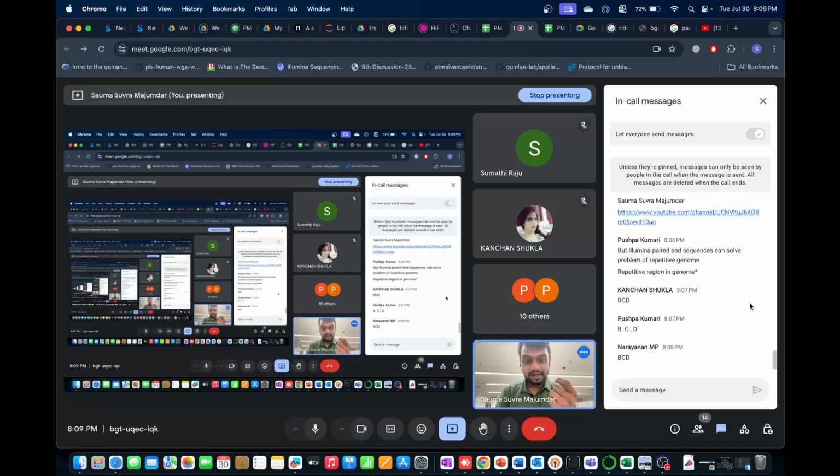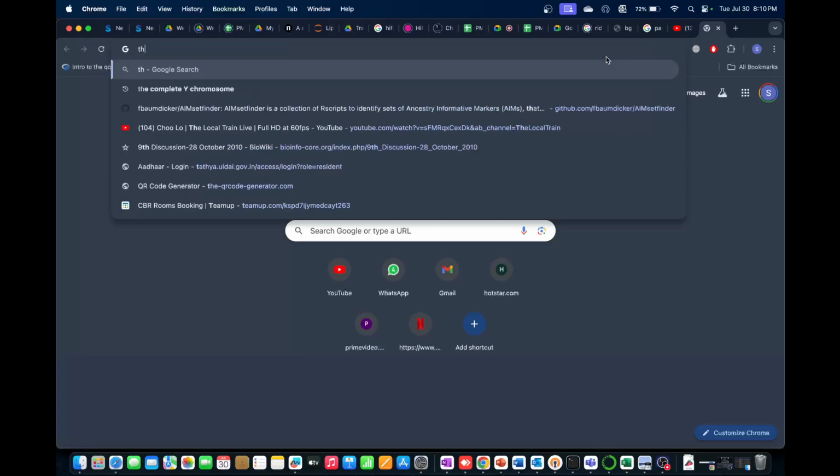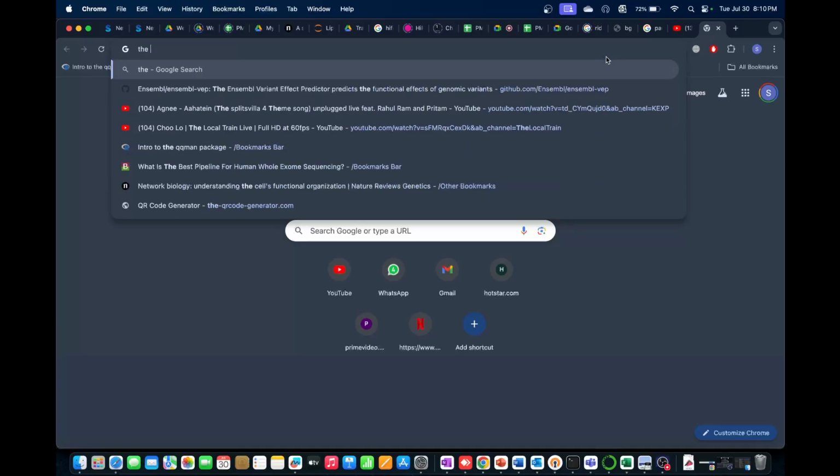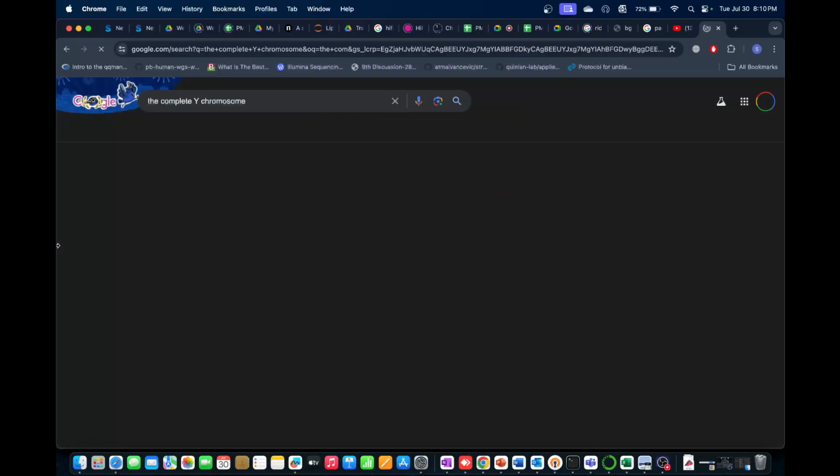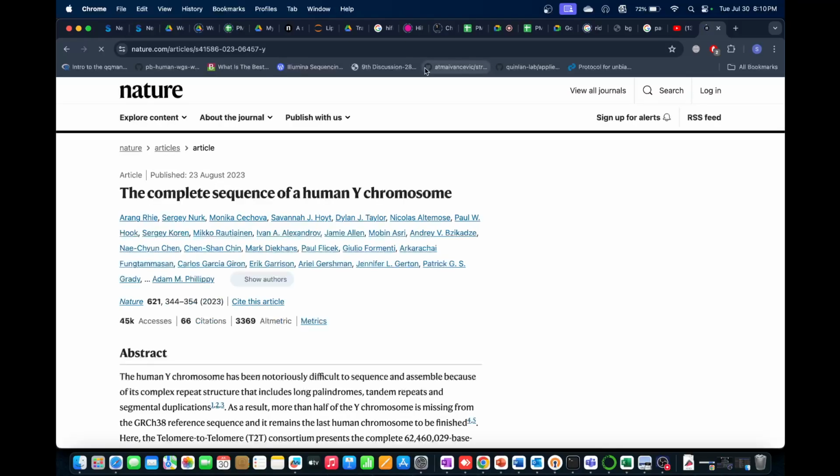If you follow genomics, the whole Y chromosome is a very repetitive genomic region. It has a lot of repeats. Just last year, in 2023, the whole Y chromosome came out. This was the paper, the complete Y chromosome, a 2023 paper.